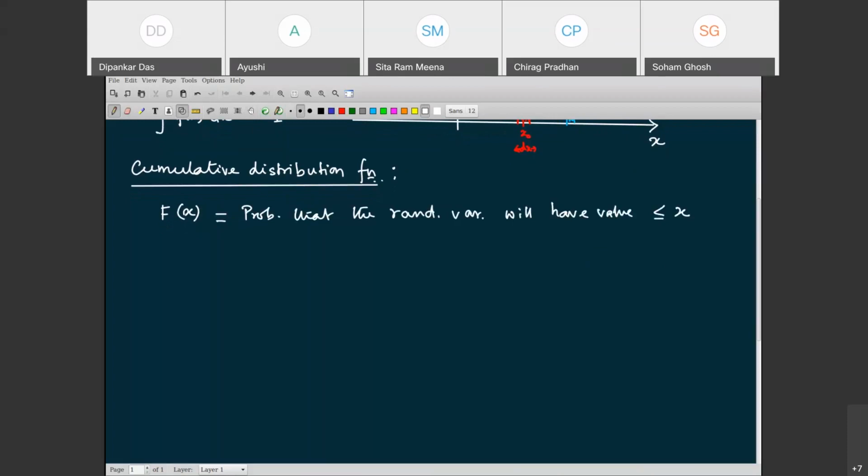So that is the cumulative distribution for the random variable x.